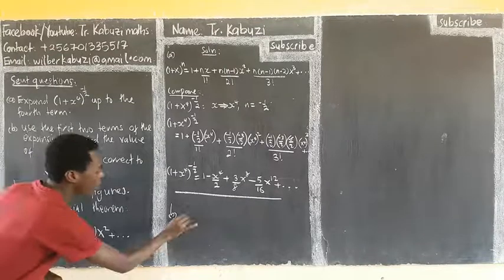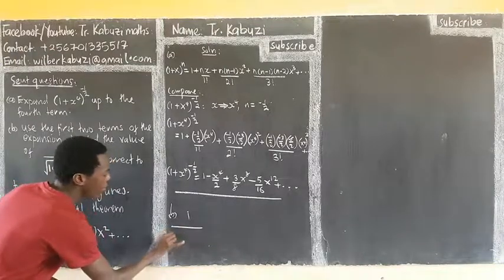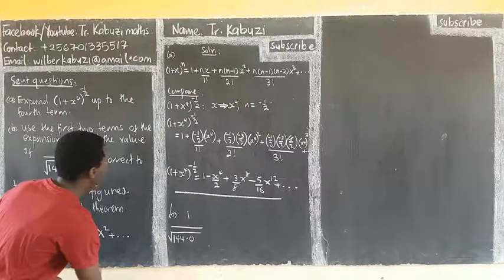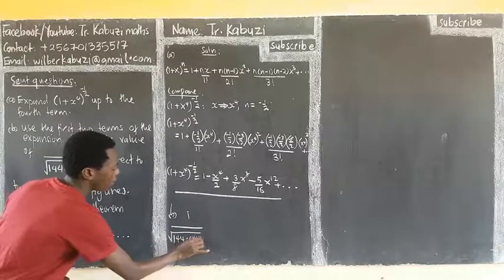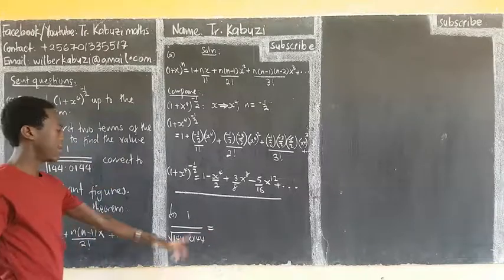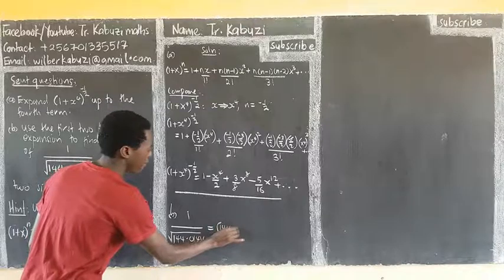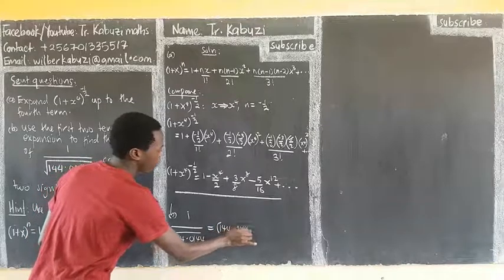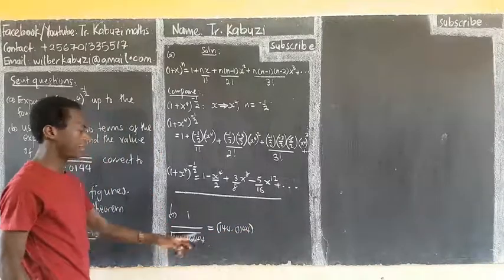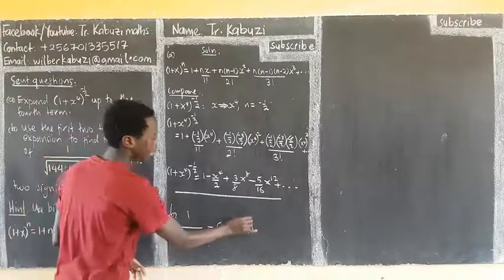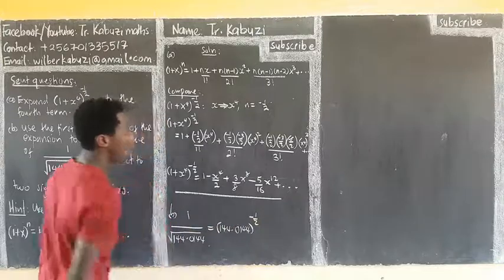Now, 1 over the root of 144.0144. Remember, the square root is the same as the power a half, but when you take it up, it becomes negative a half.